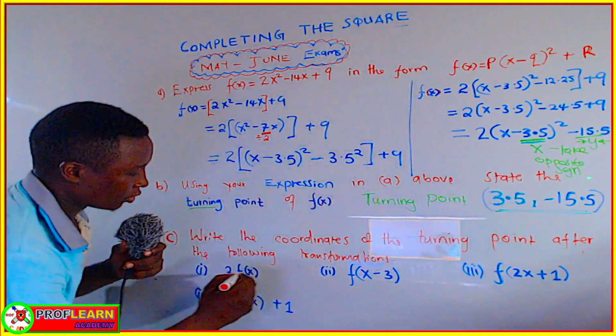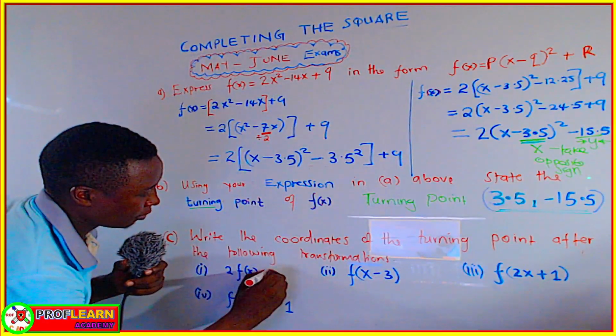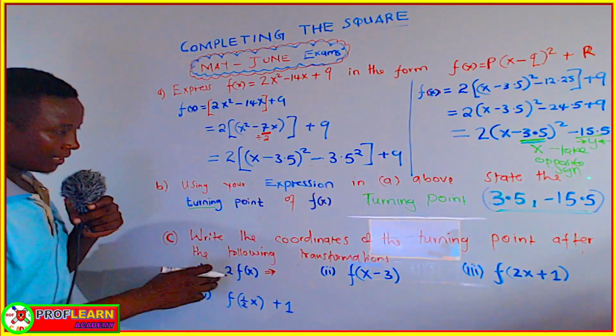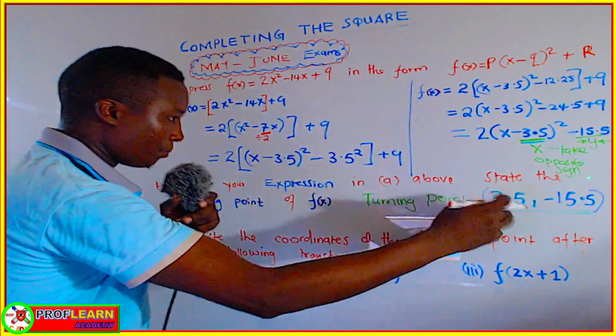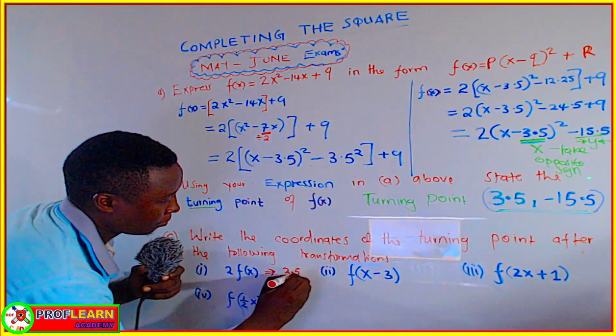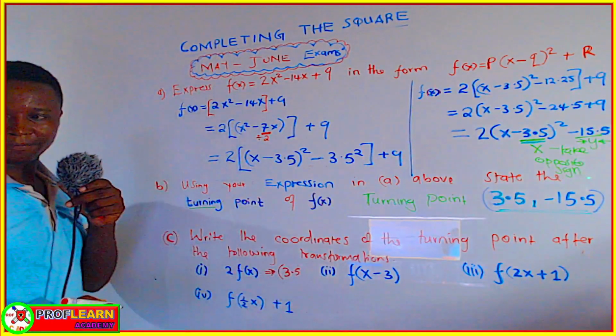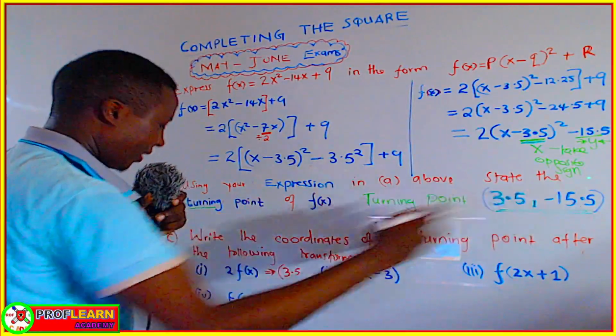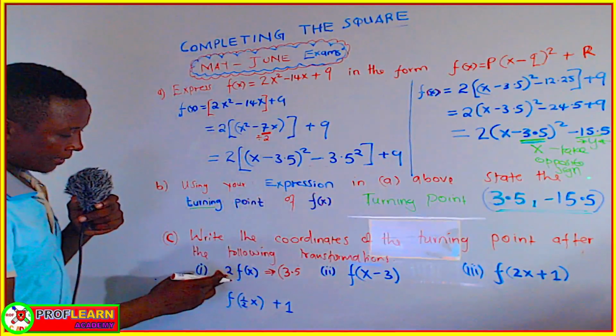So this turning point is going to become, because we are having a transformation outside the bracket, 3.5 will remain the way it is. And then the y coordinate is going to be multiplied by 2.